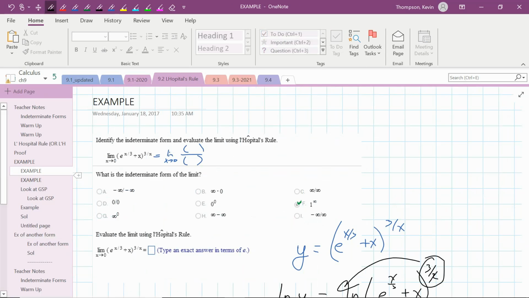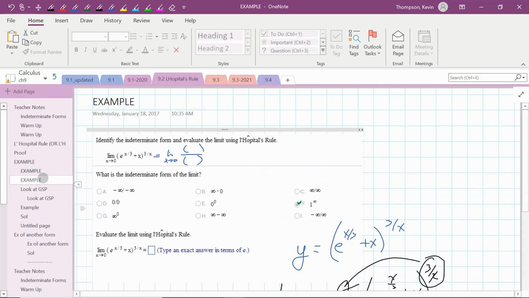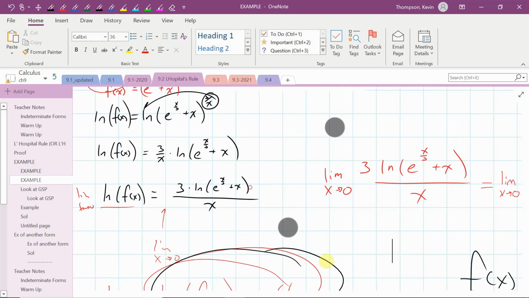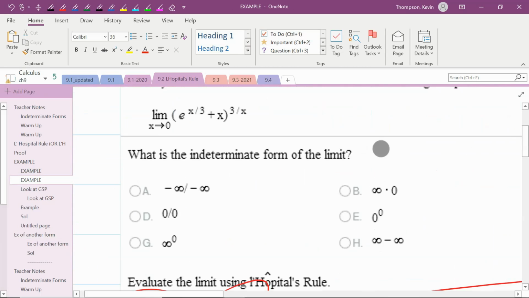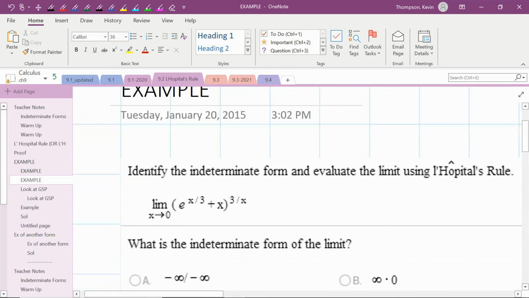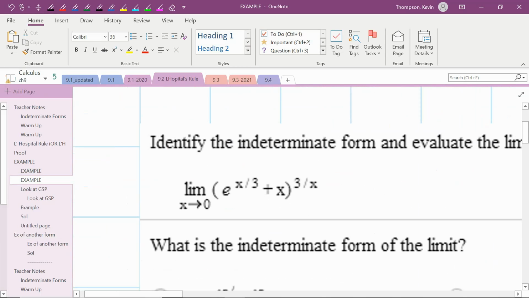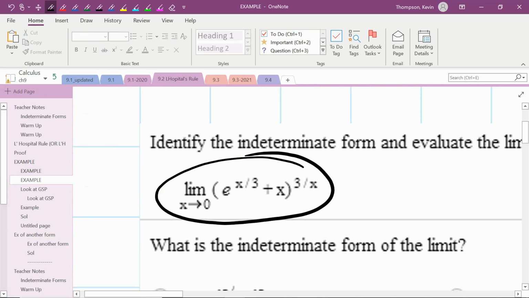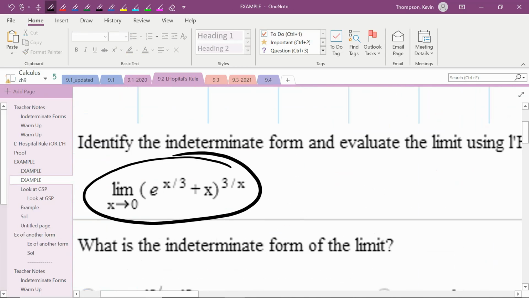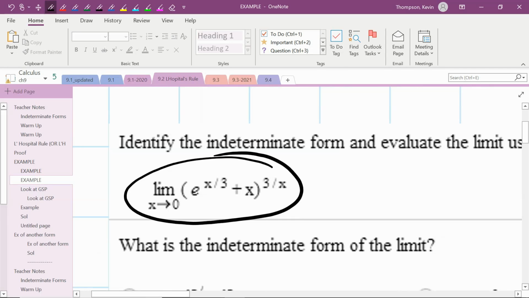And finally, the last example to look at is maybe this one. Trying to find the limit of a function like this. Now, L'Hopital's rule doesn't apply, this is not 0 over 0.